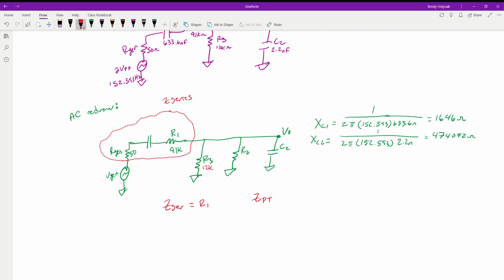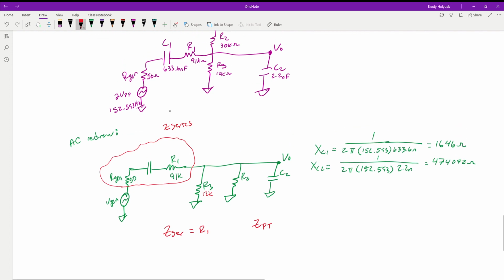We have R2, which is 30K. And we have X of C2, which is 474K. Again, that is 10 times larger than the values in our parallel branch, so this is going to be essentially an open because it's so much larger.